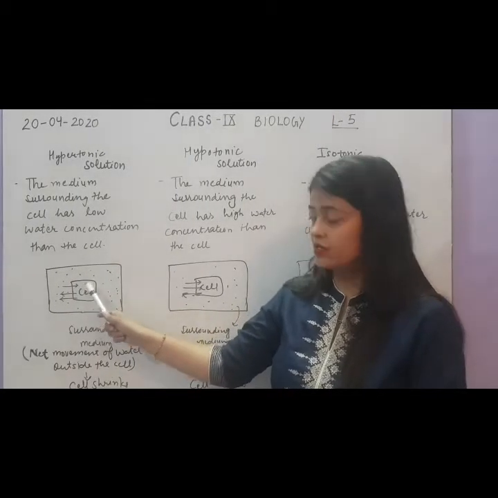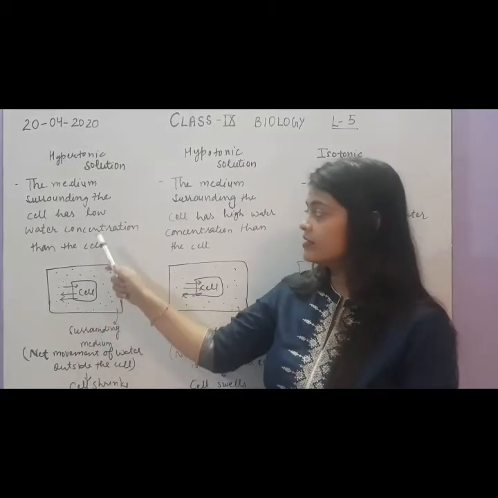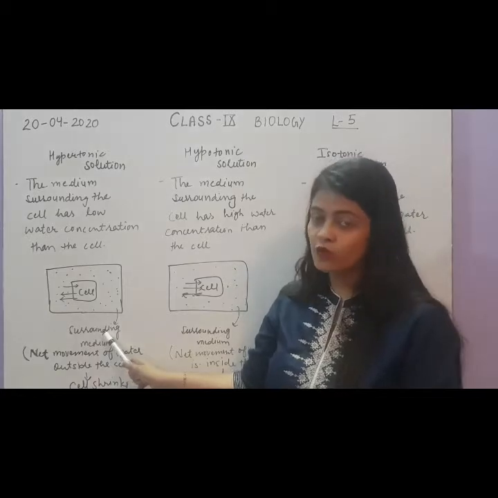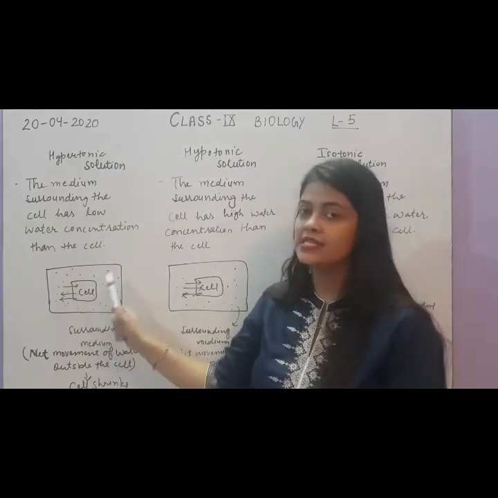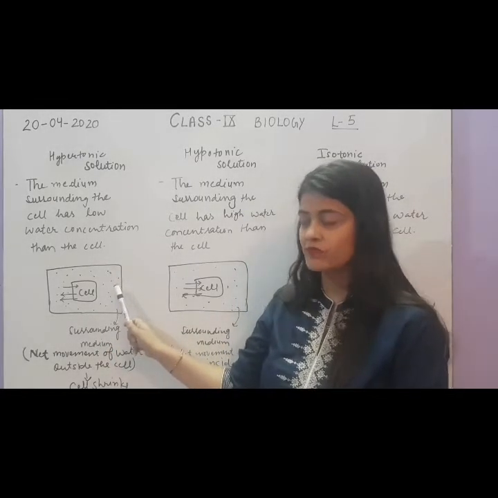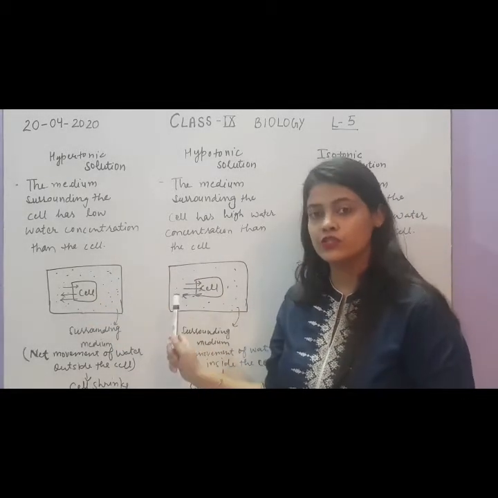If we compare the water concentration of the medium with the cell, you will see that the outer surrounding medium has low water concentration as compared to the cell. Means the cell has more water as compared to the surrounding medium. This solution is called a hypertonic solution.